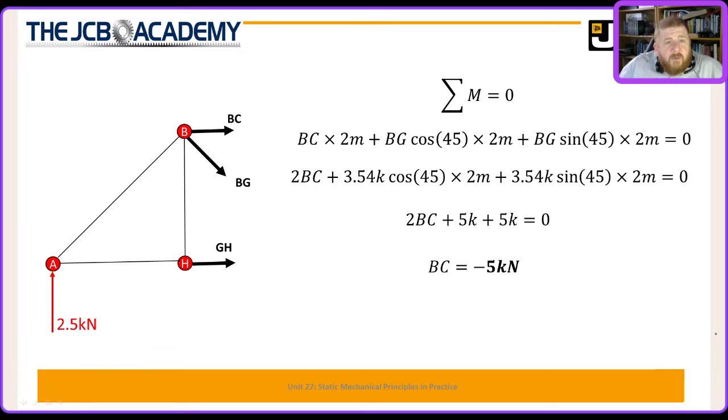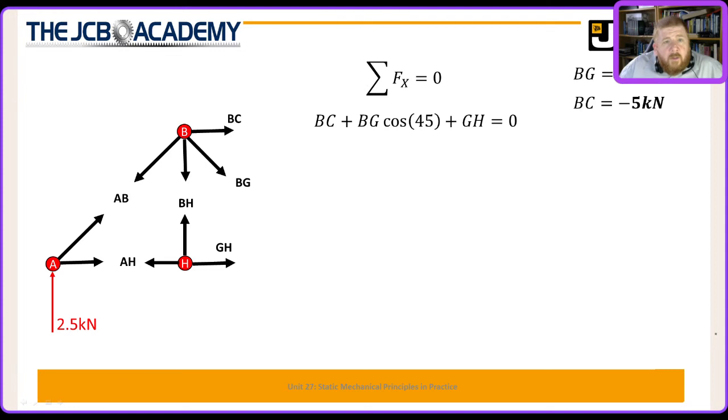So now let's go back. What we need to do is go back and look at our sum of forces in the x direction. Again, I've covered up my BG. I need to check that more carefully next time. We know that's 3.54 kilonewtons. We know BC is minus 5 kilonewtons.